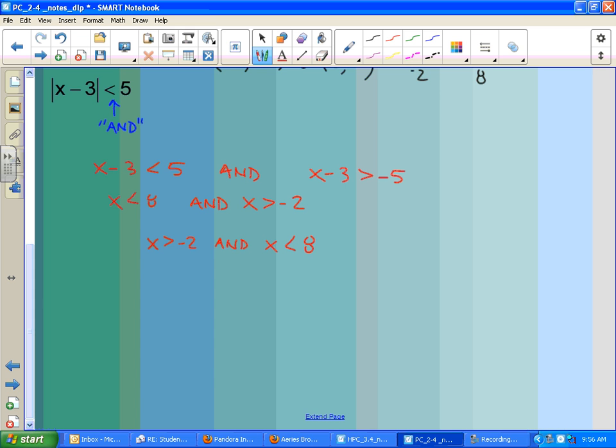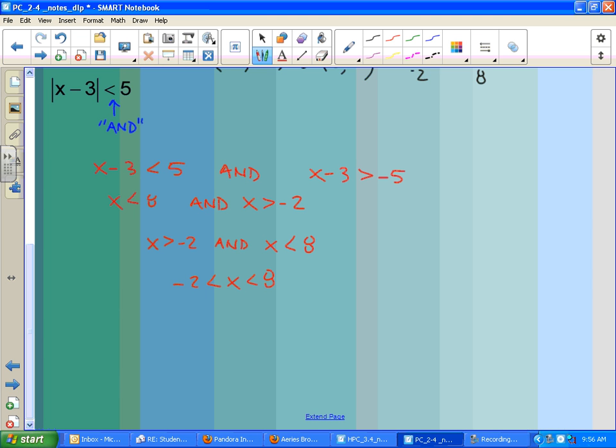Well, look at the inequality symbols now, right? They're kind of both pointing in the same direction. So in inequality notation, that's when you can just put the variable in the middle, and you do the less than 8 symbol. And then if you go like this, with a less than symbol and negative 2, what that means is x is greater than negative 2. When the variable is on the left, you read it less than points to the left, greater than points to the right.